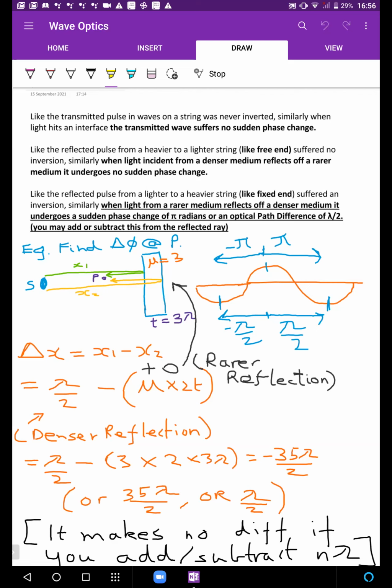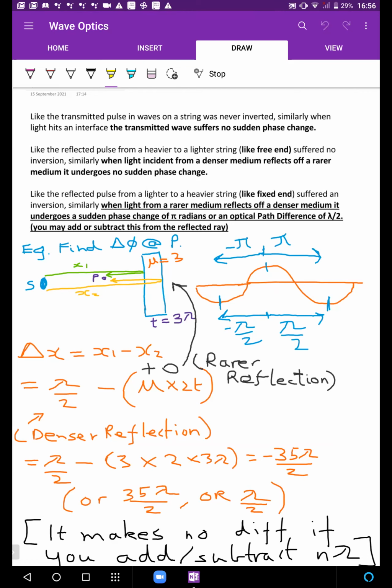And the free end we saw was an extreme case of a light string, where it goes faster, and the fixed end was like an extreme case of a heavier string where the wave becomes slower. तो वैसा ही यहाँ पे light के case में that free end will be like a rarer medium जहाँ पे light becomes faster, and the fixed end will be like a denser medium जहाँ पे light becomes slower.